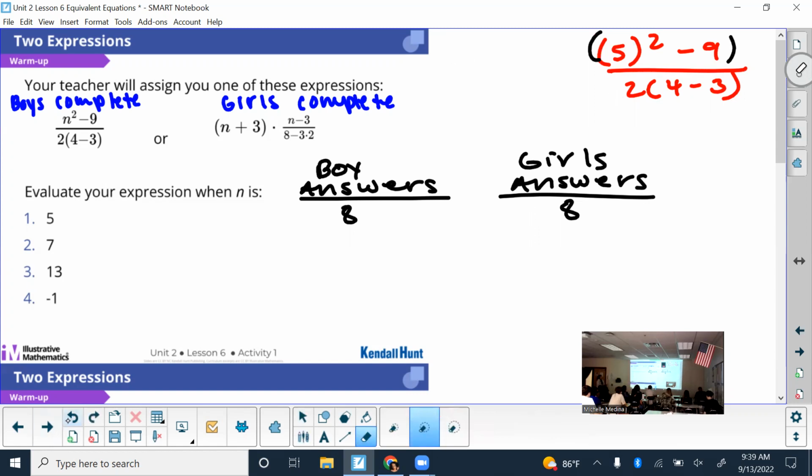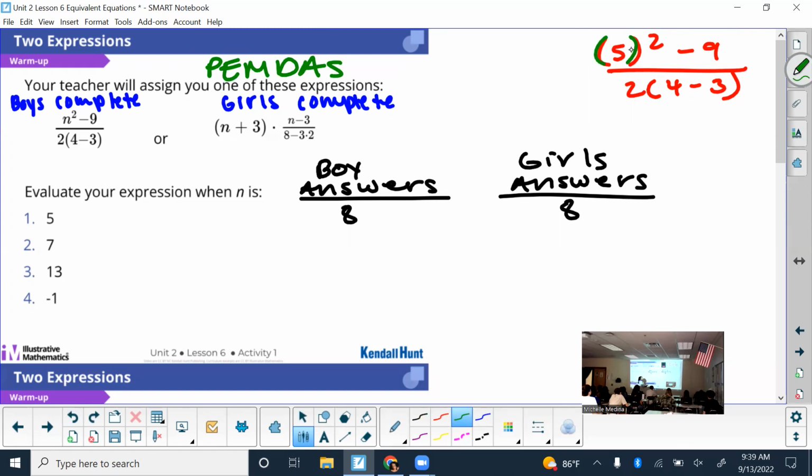So what comes first in order of operations? Good. So let me remind you, PEMDAS is kind of like the shorthand. P comes first for parentheses. Now, yeah, there's parentheses around here, but we're focusing on simplifying what's inside, not outside.